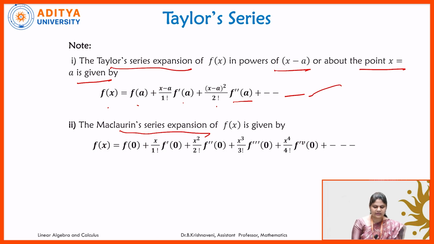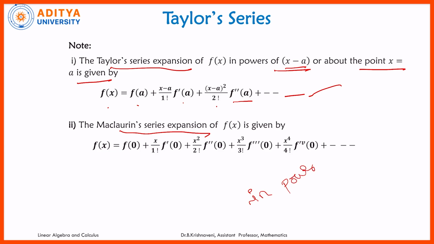That means we get the series in powers of x. This is the series of f(x) in powers of x, or about x equal to 0, and is given by f(x) = f(0) + x/1! f'(0) + x²/2! f''(0) + and so on.